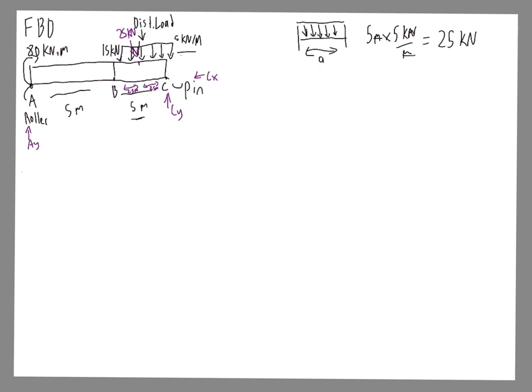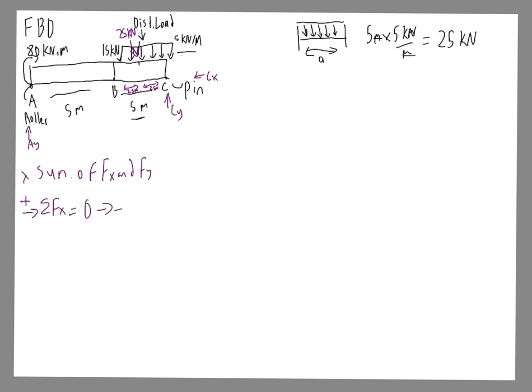Okay, let's go ahead and take a summation of the X and Y directions. Look, these problems are very much similar, especially these more simplistic ones. This is still a 2D statics problem. Alright, let's go. Sum of forces in the positive X direction.